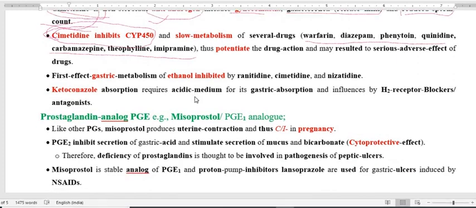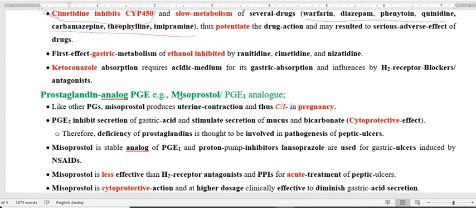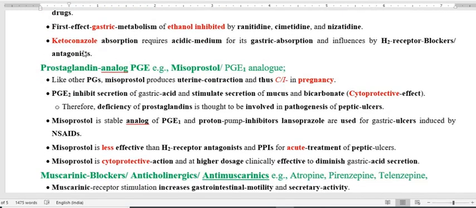and this may participate in toxicity. Another thing is that the first pass effect of ethanol in the gastric mucosa is inhibited by H2 receptor blockers like ranitidine, cimetidine, and nizatidine. Another drug is ketoconazole.